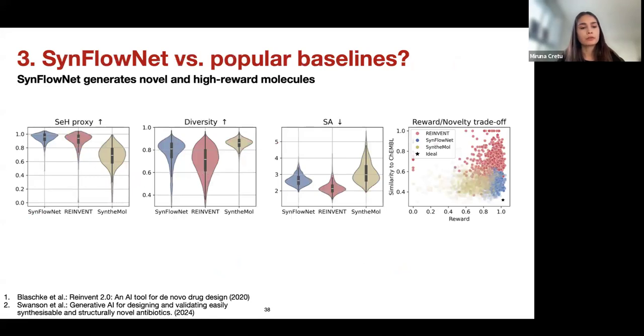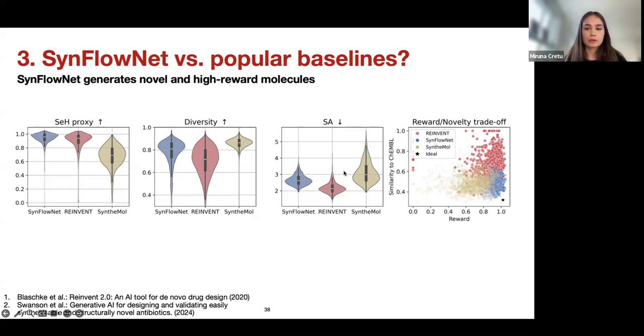Now, when we compare to REINVENT, which is a staple for molecule generation, a very strong baseline, a likelihood-based model trained to optimize for different reward functions. In this case, it's this proxy for affinity to a protein. And when we also compare against this Monte Carlo tree search method that also uses reactions, we see that we get a good balance in terms of high reward, high diversity, and good synthetic accessibility.